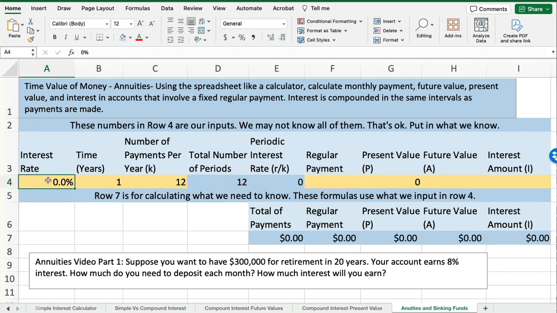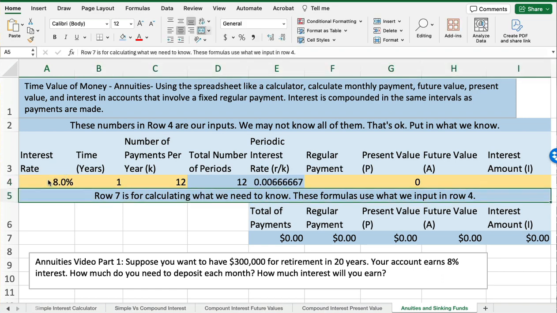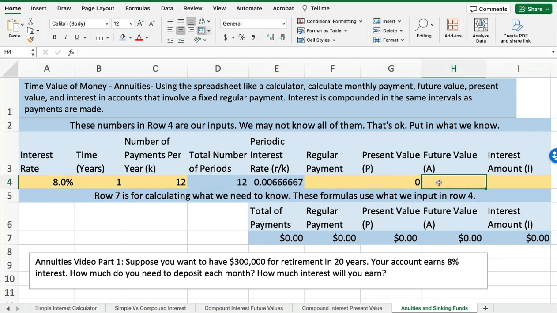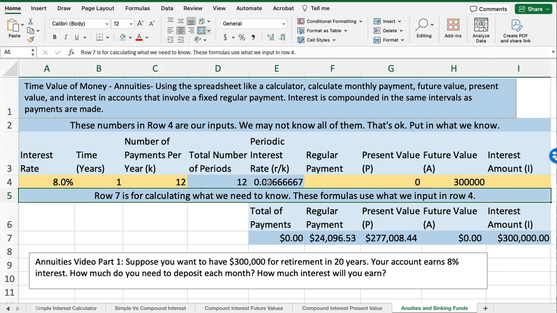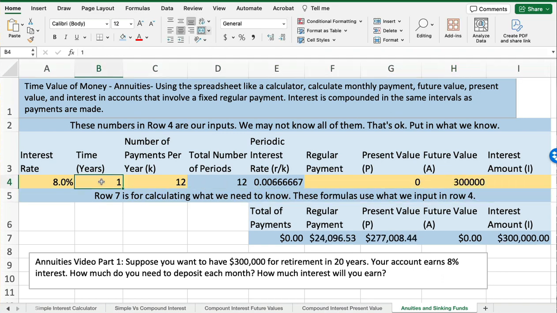So now we can go ahead and answer the question by putting in the numbers that we need. So we need an 8% interest rate in column A. And our future value over here needs to be 300,000. And let's just look. So the time in years is 20.